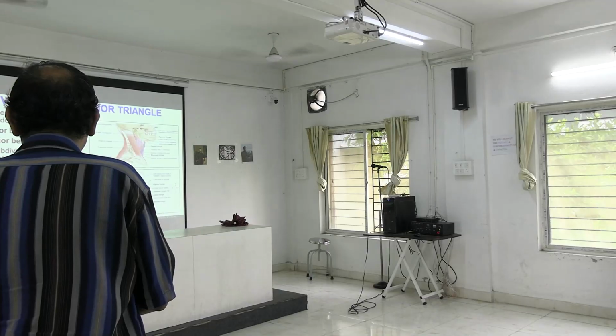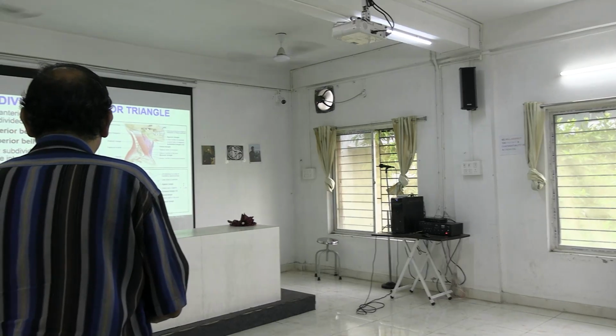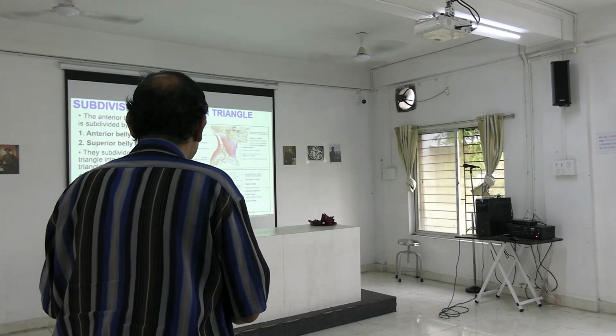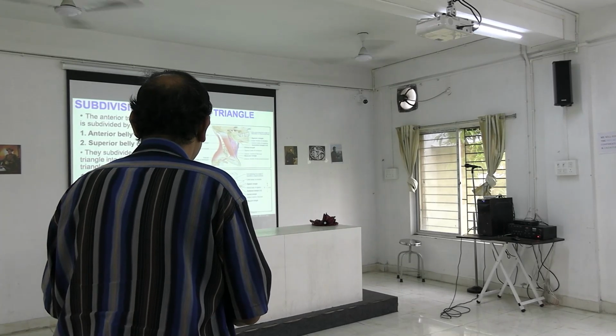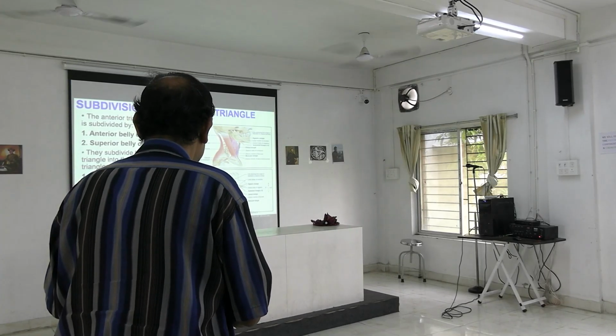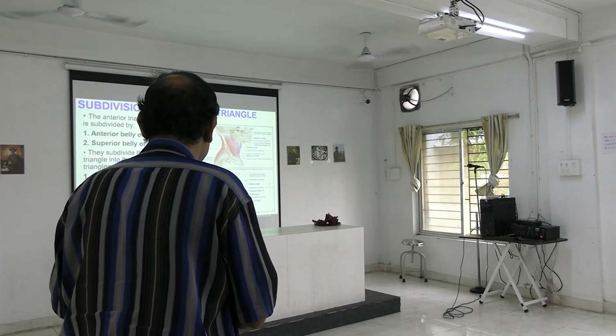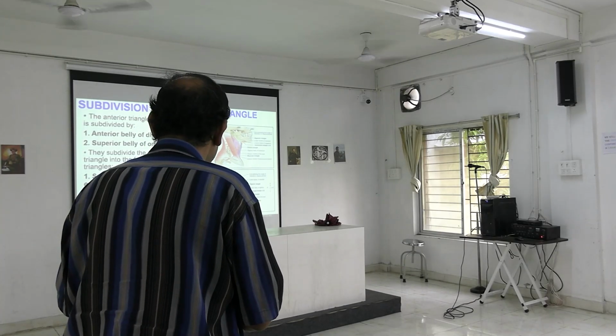So we have the submental triangle, digastric triangle, carotid triangle, and one triangle in front of this superior belly, beside the sternocleidomastoid.